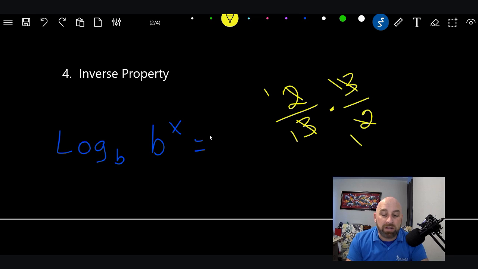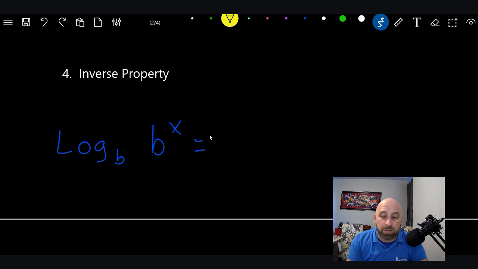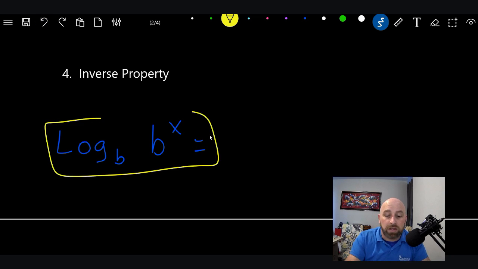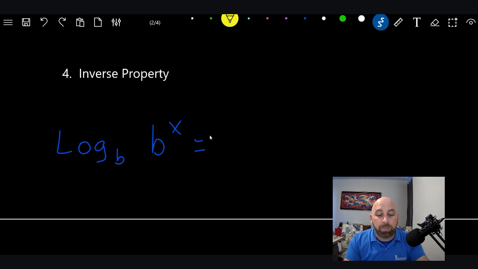Well, what happens in this case is when we're dealing with an exponential inverse or a logarithmic inverse, the answer comes out to be the exponent right there. The x, whatever your exponent is. It could be x equals 5, and the answer would come out to 5. What's happening there?